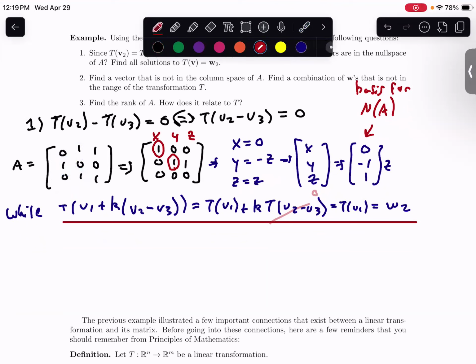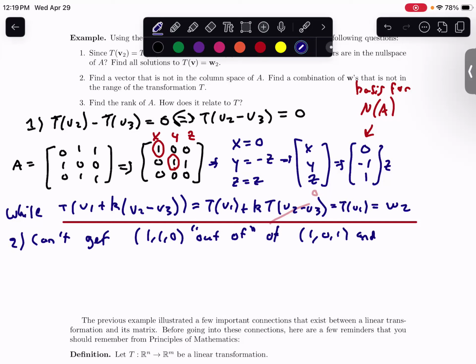So this is part 2. You can't really get a vector of the following form, like 1, 1, 0. I'm going to use informal language, but by out of, I mean as a linear combination of 1, 0, 1 and 0, 1, 0, like so.